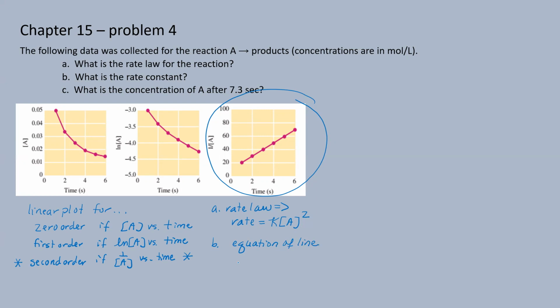So the equation of the line is 1 over concentration of A equals the rate constant times the time plus 1 over the initial concentration of A. Now remember, the equation of the line is y equals mx plus b. So what we could see here is that K, our rate constant, is the same as the slope.